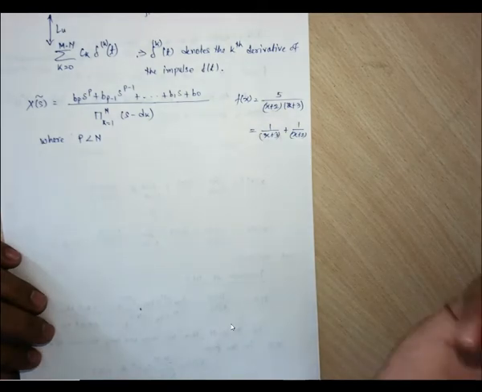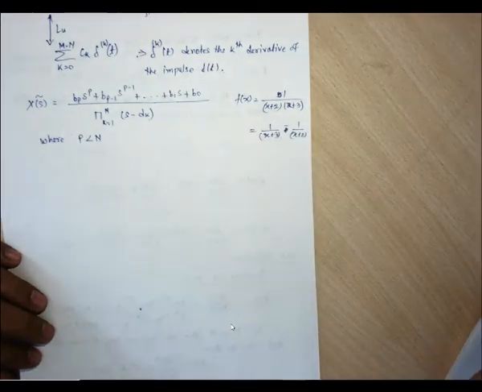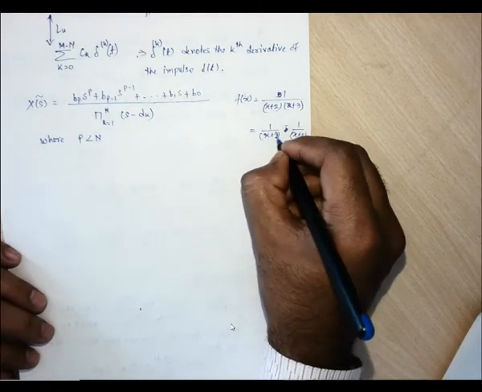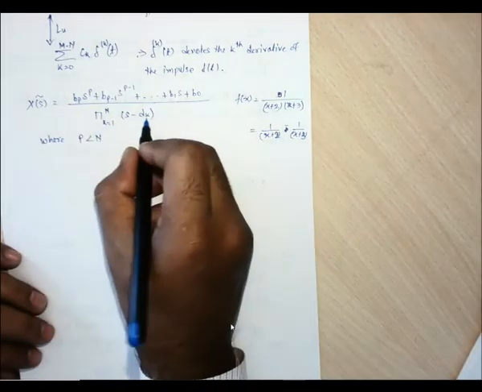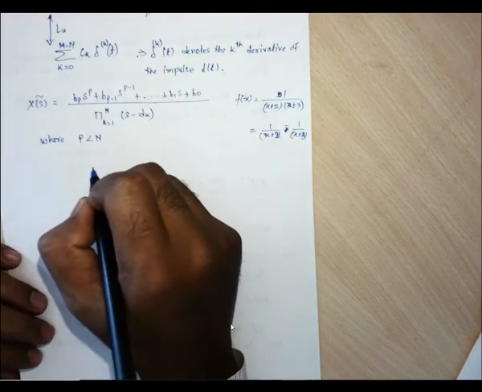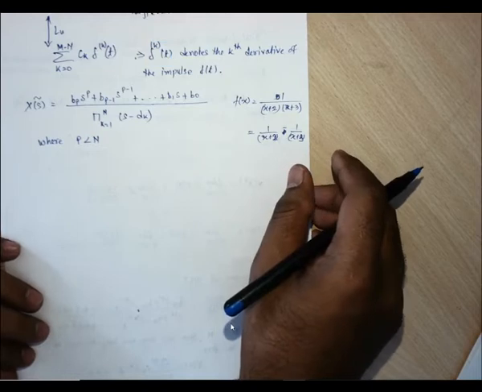It will be minus. If we consider it is minus, then we can write it like this. So in this way, if all the roots are different, we can easily find out the partial fraction.